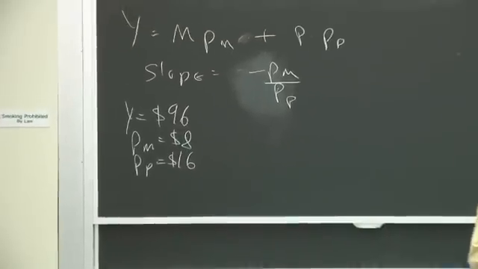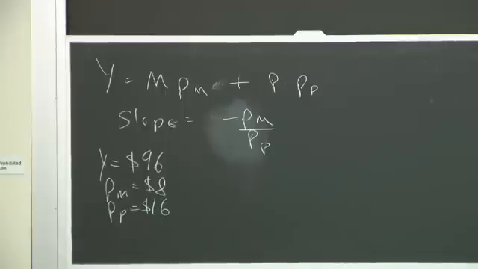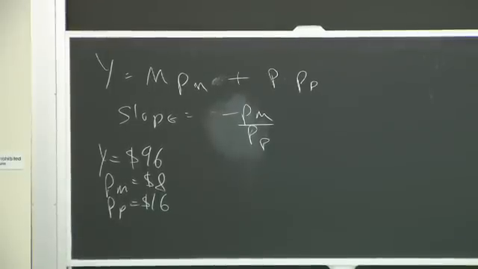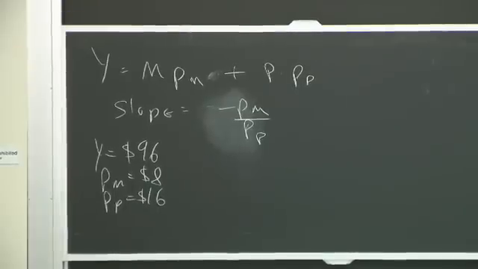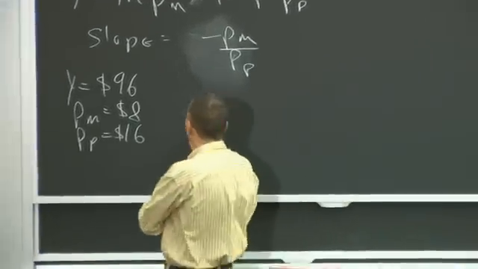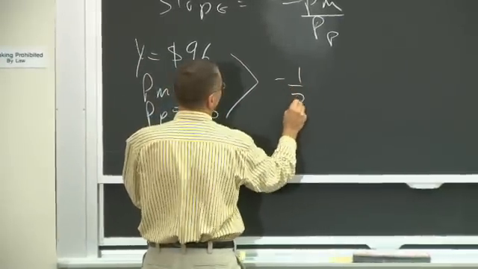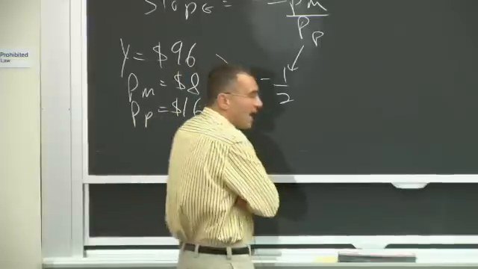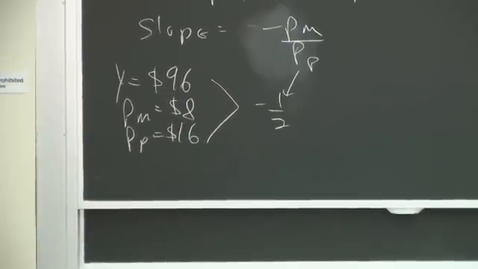So what this means is that with your income of $96, you could either get 6 pizzas or 12 movies. Okay? So that means that the price ratio, the slope of your budget constraint, is -0.5. Okay, the price ratio is -0.5. So the slope of that budget constraint is -0.5.